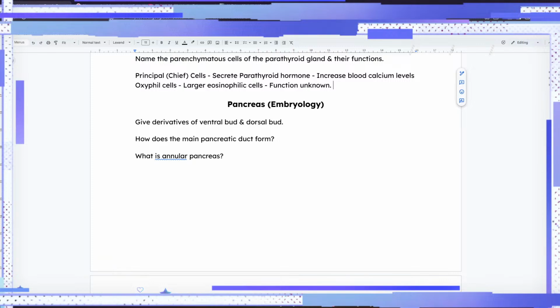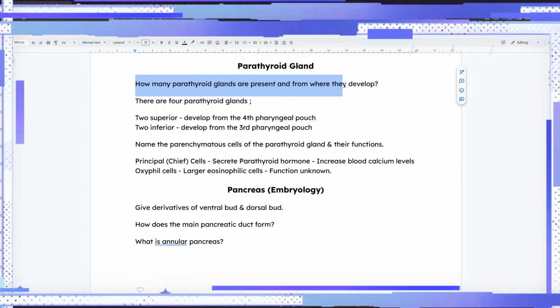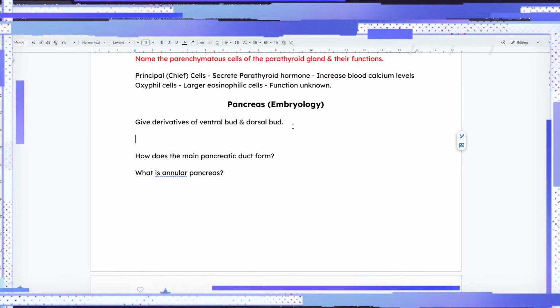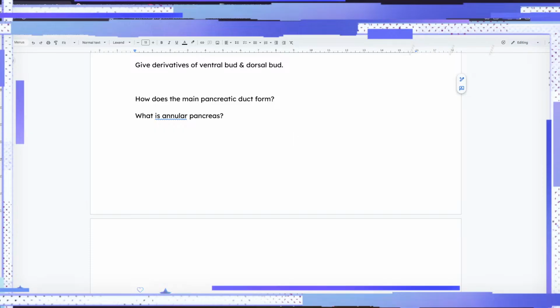Pancreas की जहाँ तक बात है, okay, almost done. One final stretch. Pancreas. So ventral bud से आपका uncinate process बनता है और head बनता है, right?